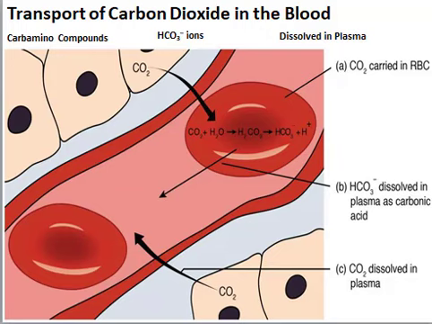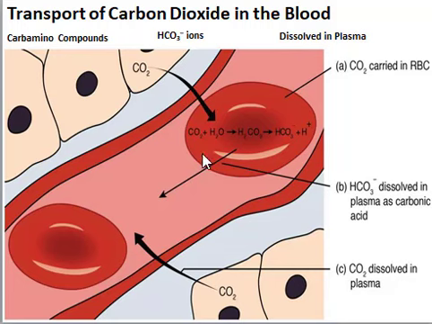There are three ways the carbon dioxide is transported in the blood: either in the form of carbamino compound, or in the form of HCO3 ion, or, in a small amount, dissolved in the plasma.